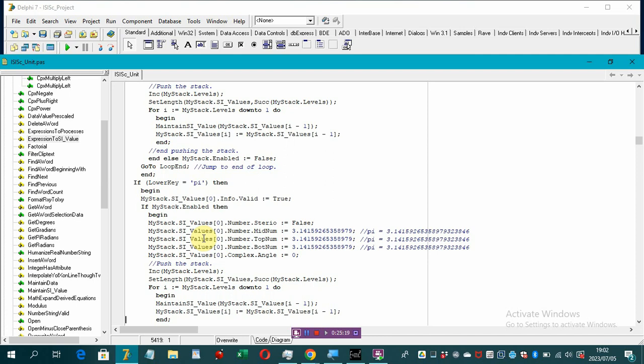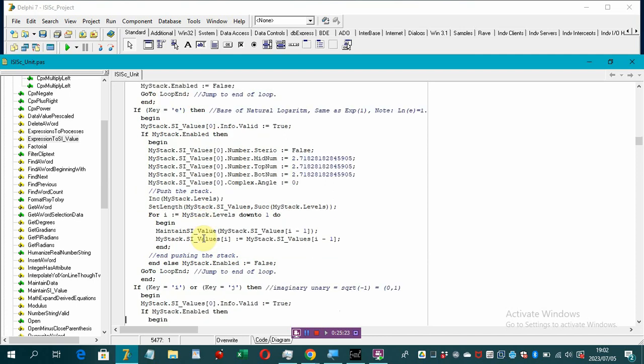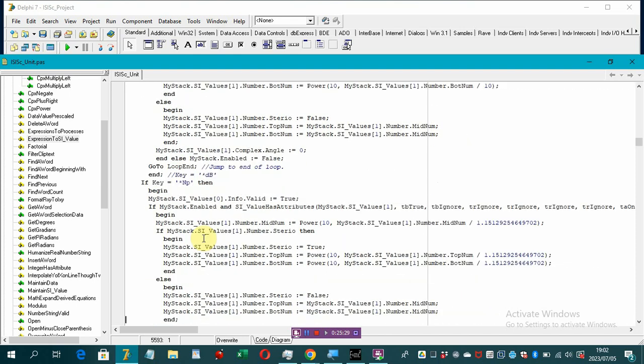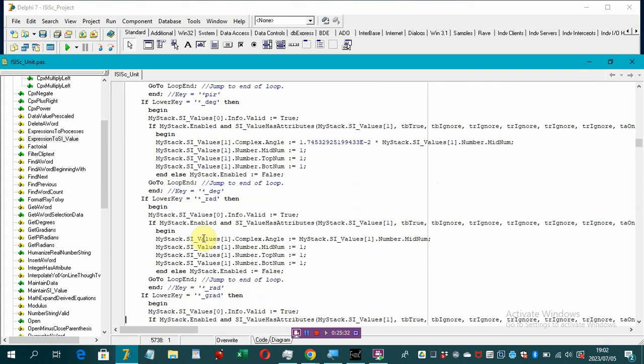But it's built into the type SE value, you see that. So we're still busy with the expression to SE value function. It's all one big function. If lowercase key is underscore degree, that's where the complex things are handled, that of the unit vector.